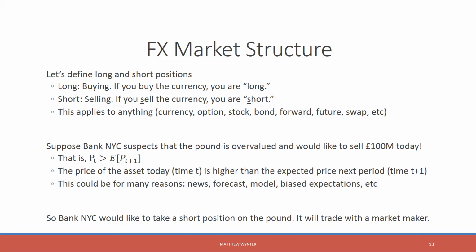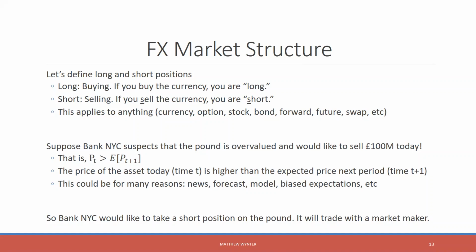All right. Suppose Bank NYC suspects that the pound is overvalued and would like to sell 100 million pounds today. That is, the price today, they think, is higher than the expected price in the future. And just to make sure we're also clear with the language, we've got our time subscript T, we've got E, and with E, we have an expectation operator.